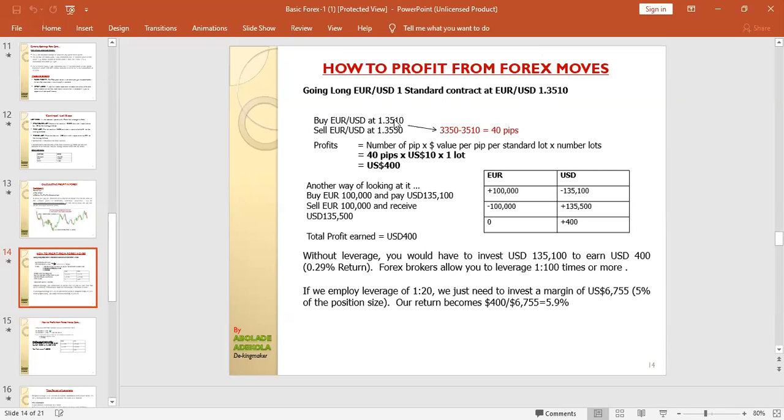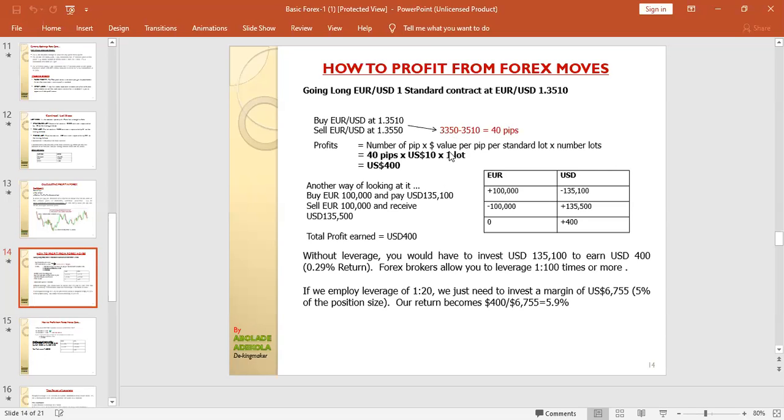So when you take this price away from this, the difference is 40 pips. And based on what we explained yesterday, your profit based on this move is $400 if you are trading one standard lot.